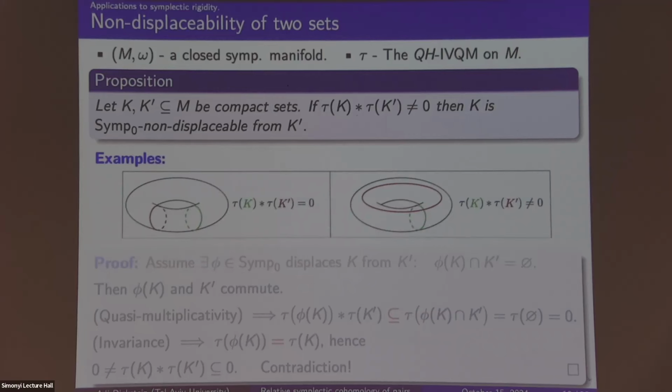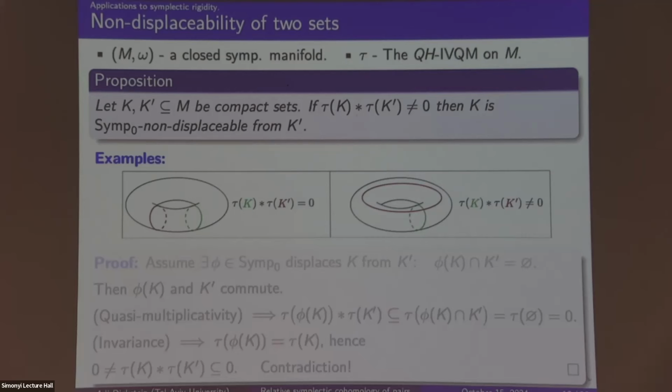For example, on the left, the product is zero, and using Sim zero we can displace this set, but using Ham we can't. And on the right, the product is not zero, and of course we can't displace one from the other.